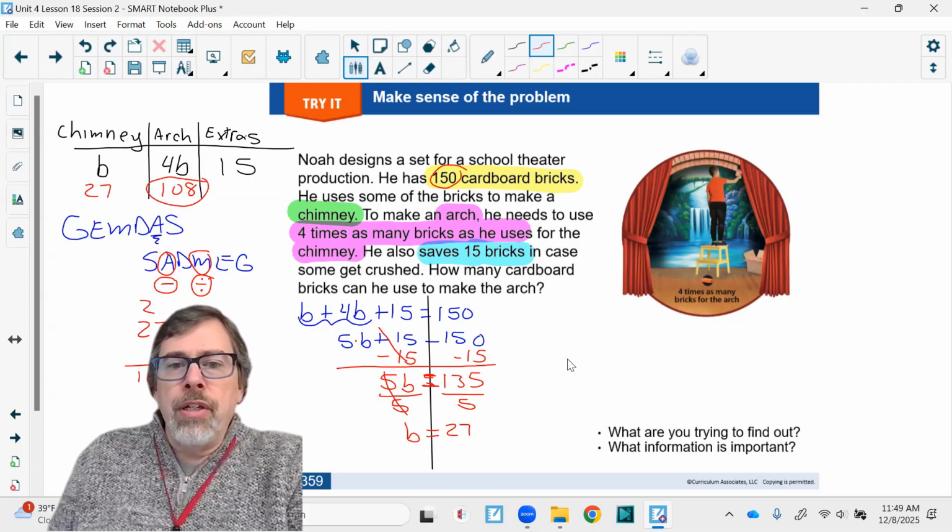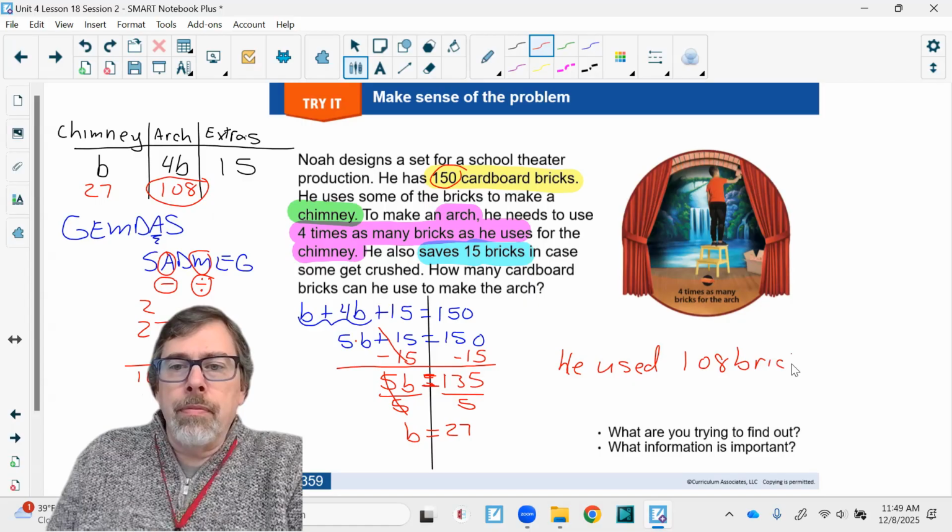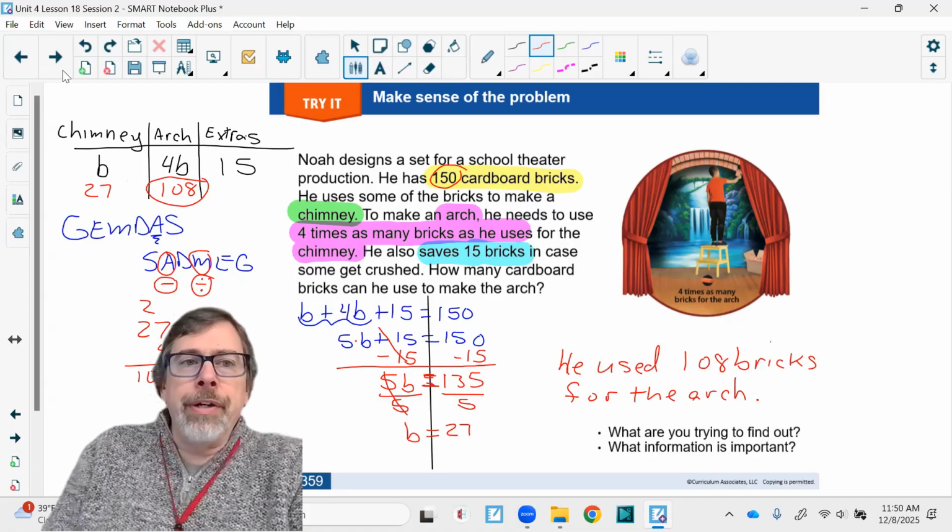Okay. He used, if this is a sentence, that should be a capital H. He used 108 bricks for the arch. Okay. There we go.